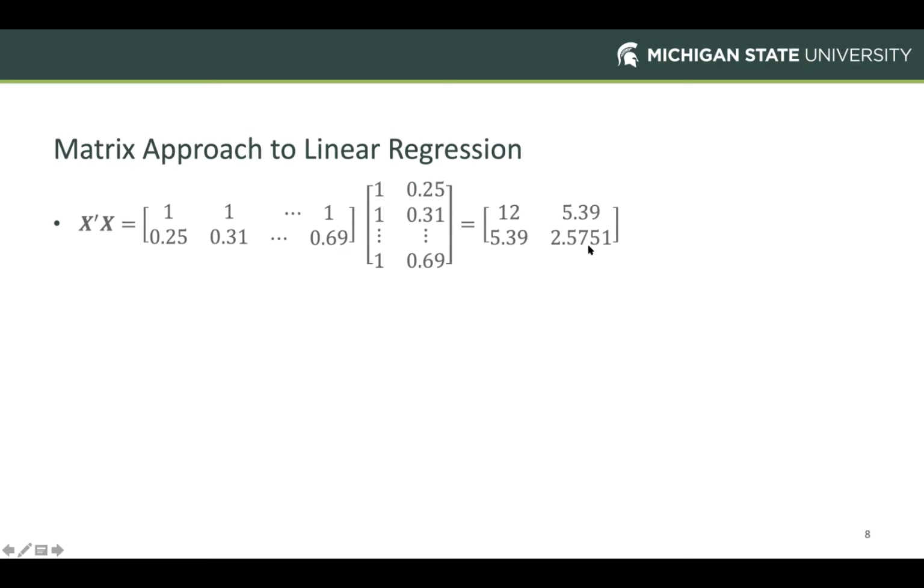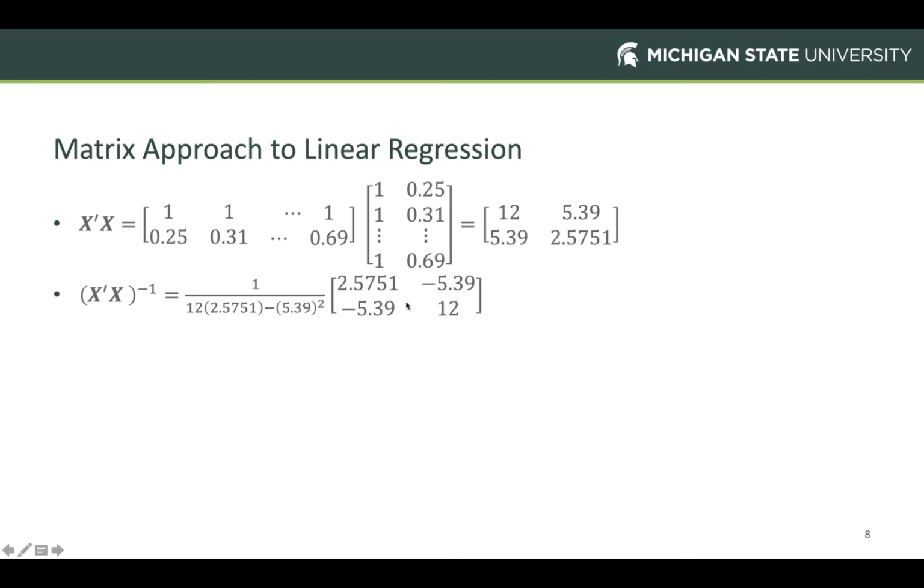And element D is the summation of our x squareds, and so that's 2.5751 in our case. Inverting that matrix, again, 1 divided by A times D, so 12 times 2.5751, minus B times C, which is just 5.39 squared.